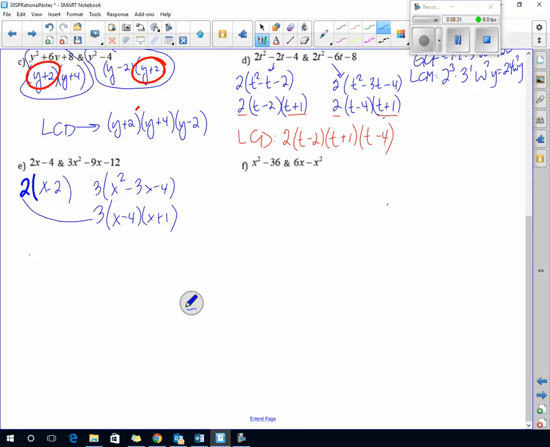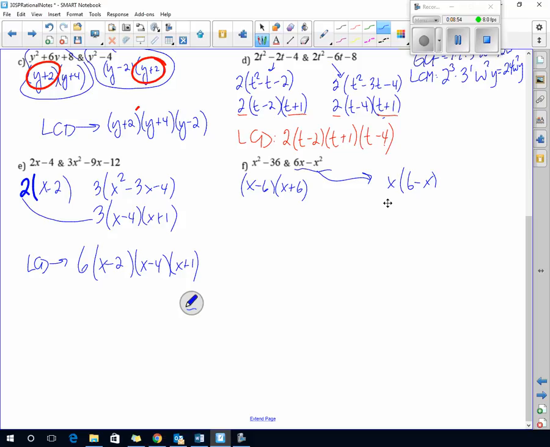Okay, this factors to be x minus 6, x plus 6. This, people factored out an x, and you're left with 6 minus x. It looks very similar. What was the little trick I showed you? The minus 1 trick. So this becomes negative x, and then this becomes x minus 6. Multiply it out. See if you get what that is, just in a different order, right?